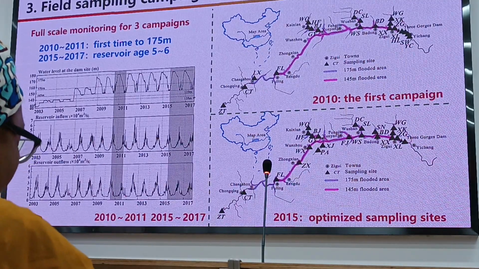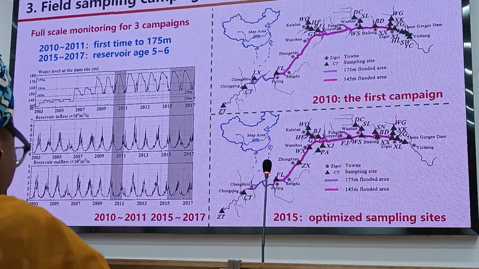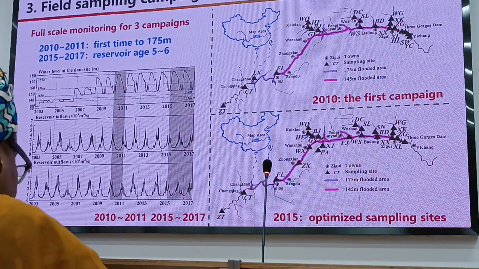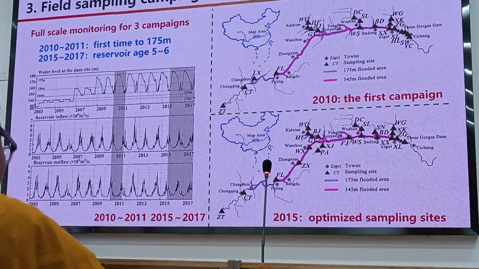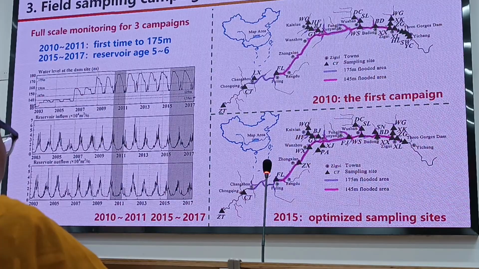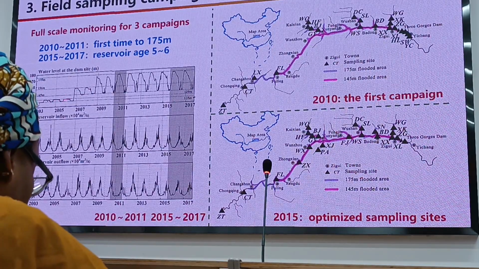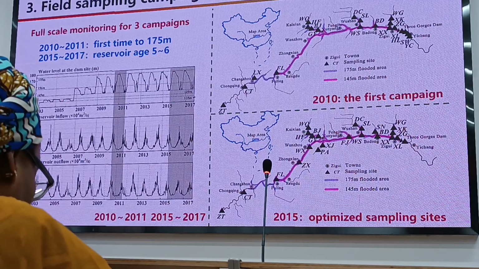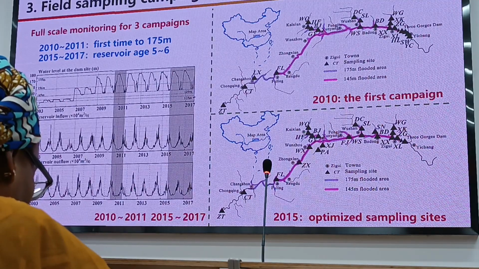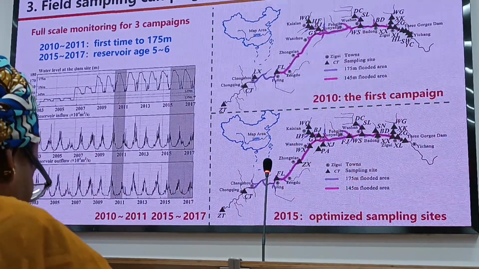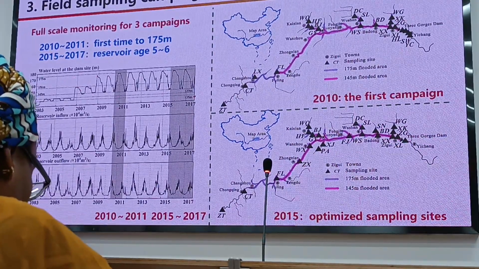And you see the water level at the dam site. In 2003, the impoundment started, and then it was maintained at around 145 to 148, with very minimal variation. In 2007, it went to 156. And in 2010, for the first time it went to 175.